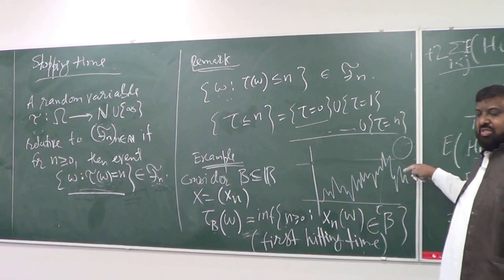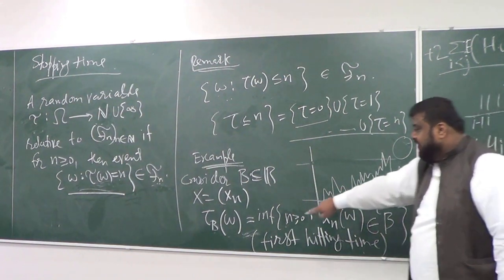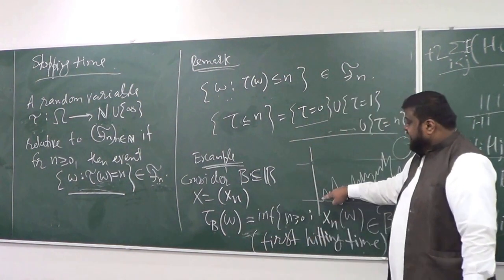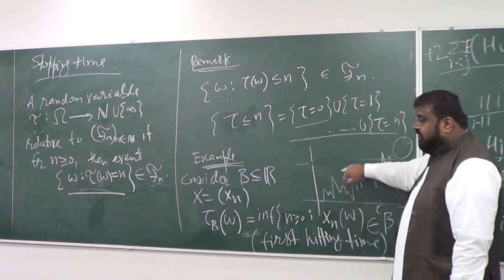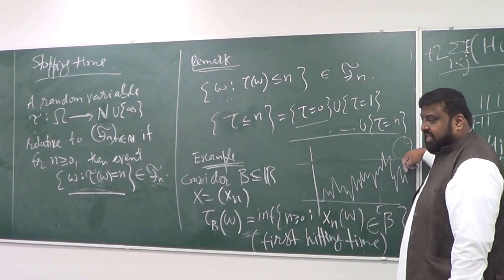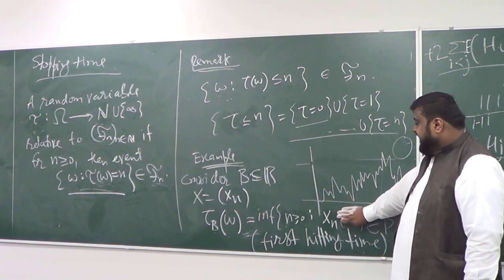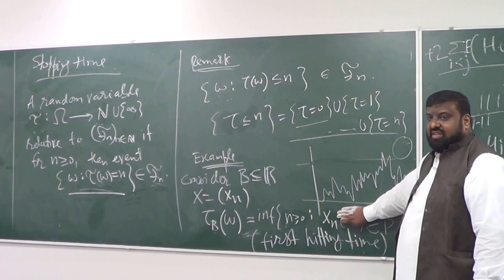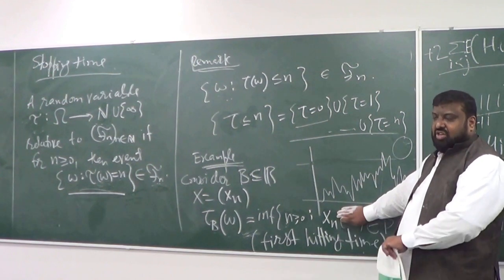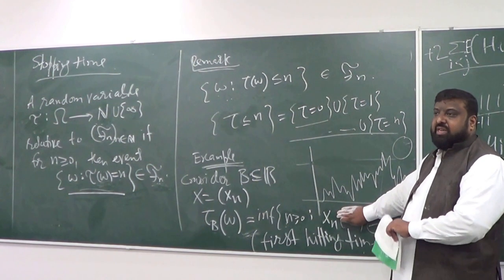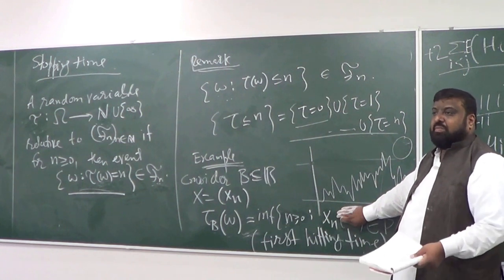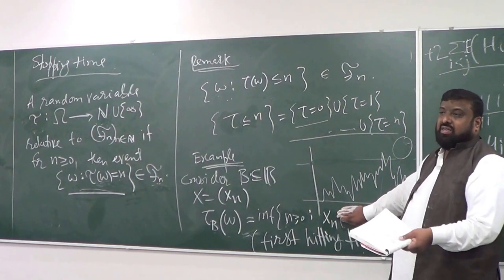If you fix omega, then the process is going to follow one such path. So if I'm writing Xn in general, it's a process which can take any path.